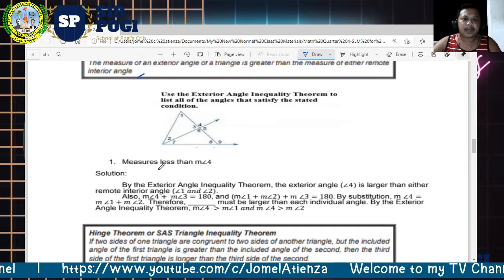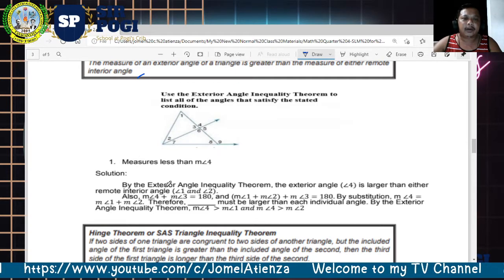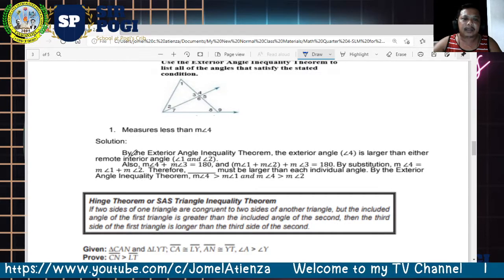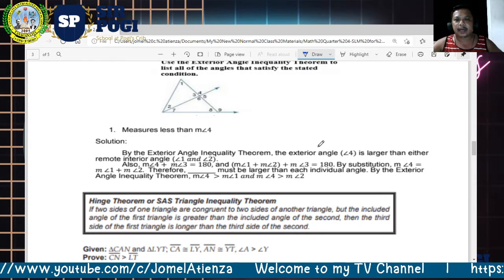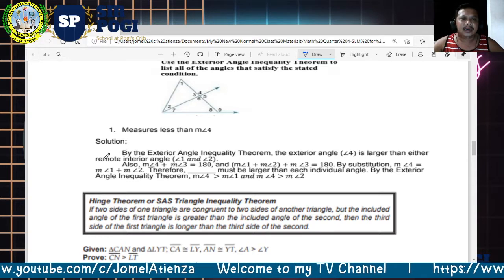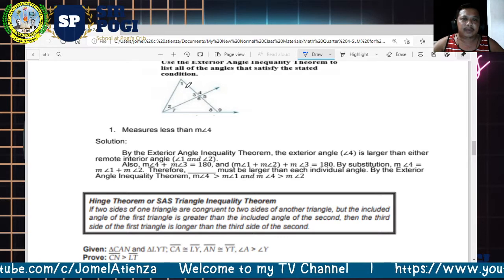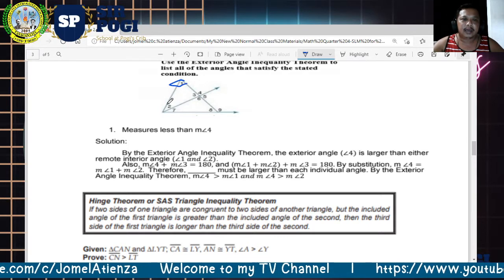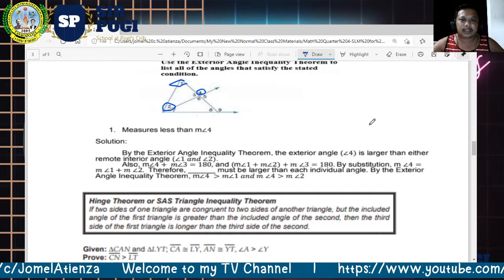Measures less than angle 4: by the exterior angle inequality theorem, the exterior angle, angle 4, is larger than the remote interior angles, angle 1 and angle 2.